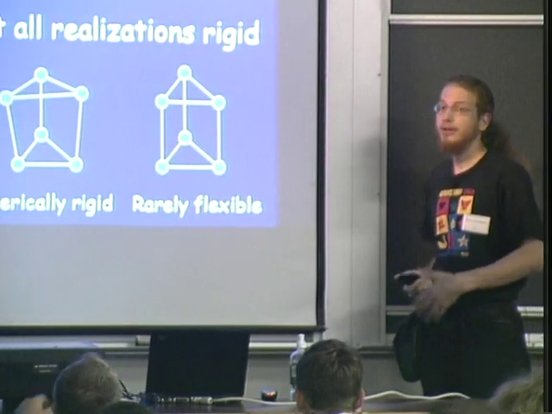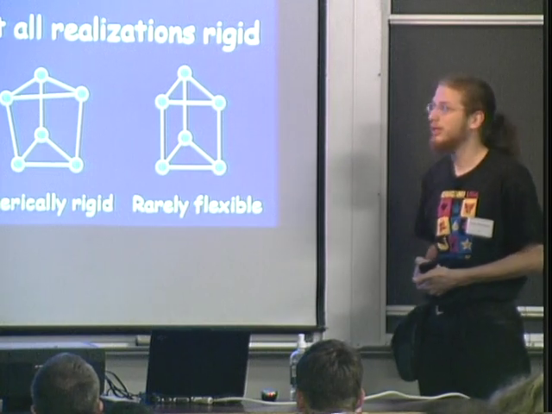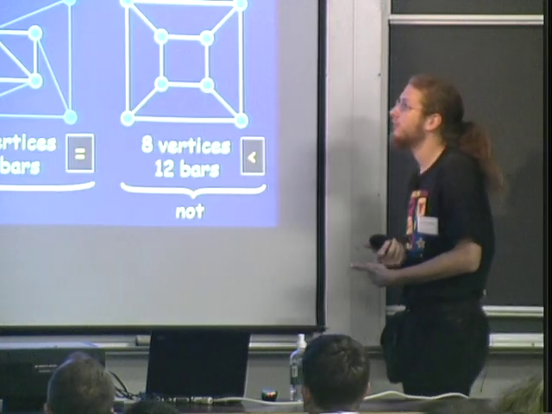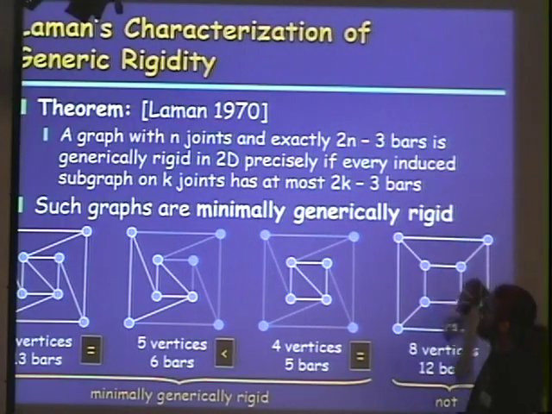Generically rigid graphs are one of the highlights of rigidity theory, and one of the characterizations is by Laman from 1970. It's this statement here.